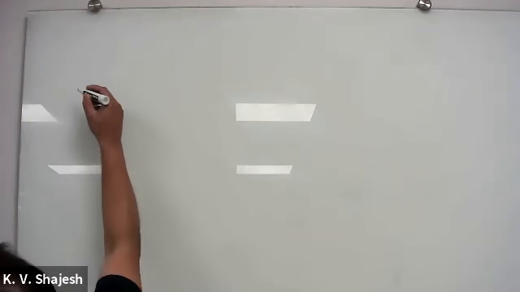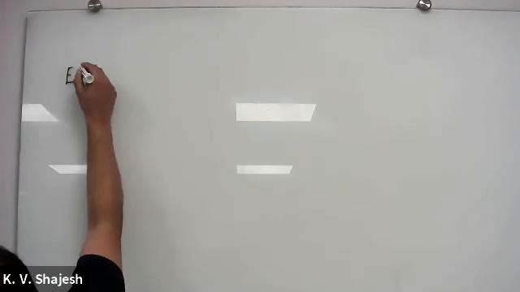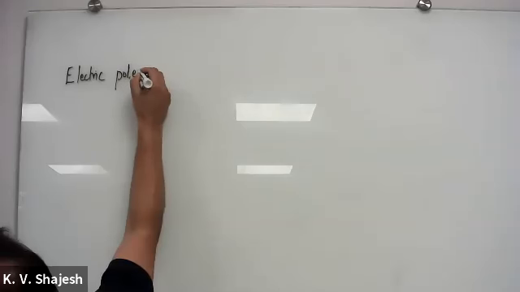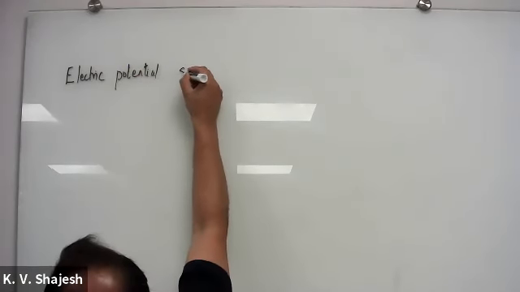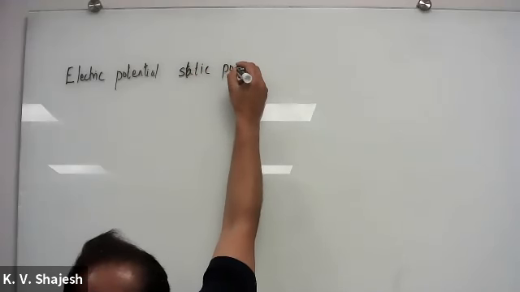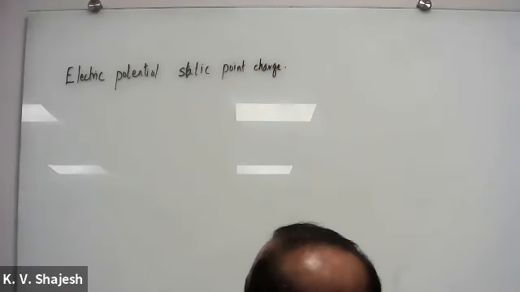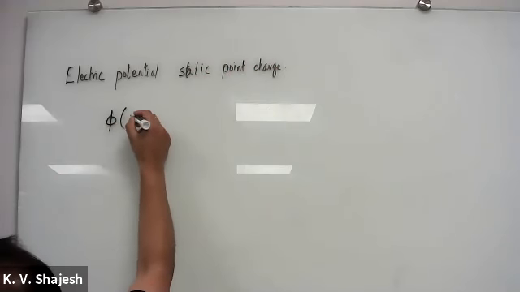So first of all, what we did was that static electric potential due to a static point charge is given by phi of r.